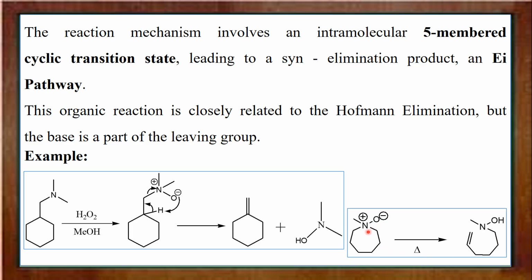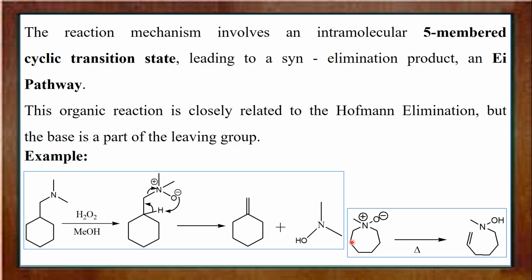Without this oxygen it would be a tertiary amine, and on treatment with peracids or peroxide it forms an N-oxide. This N-oxide O minus is the base, and this is alpha carbon and this is beta carbon.